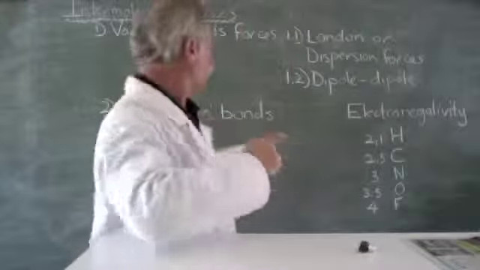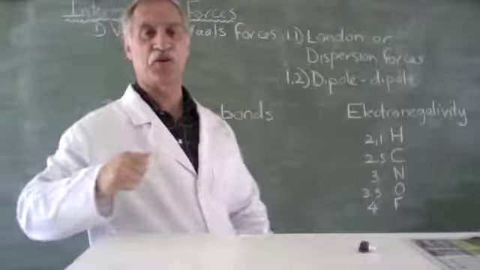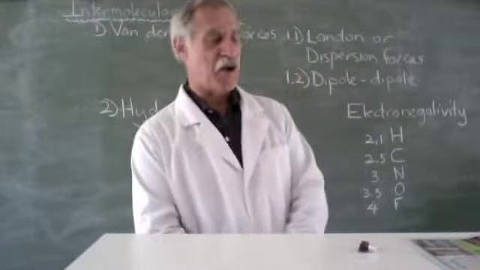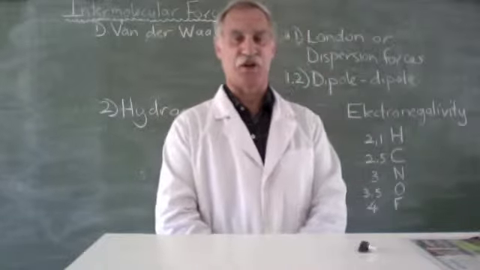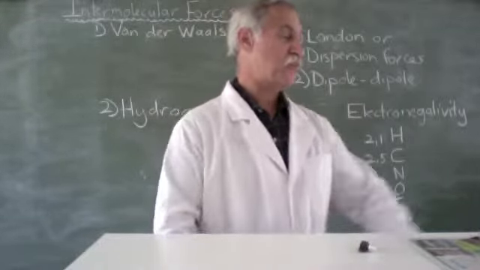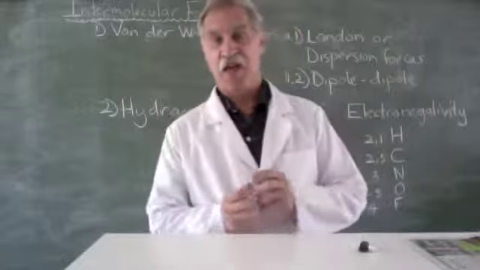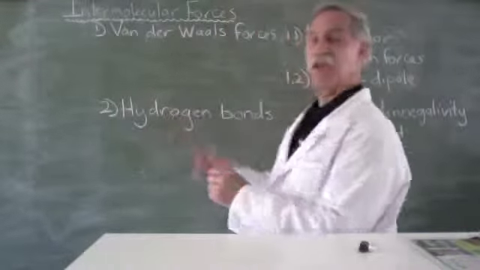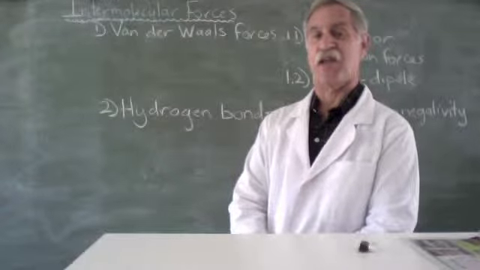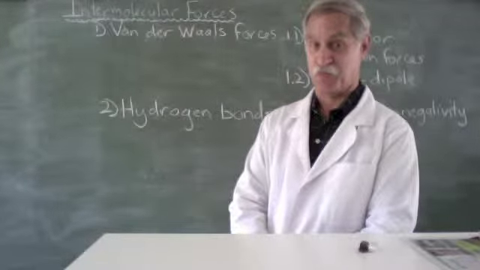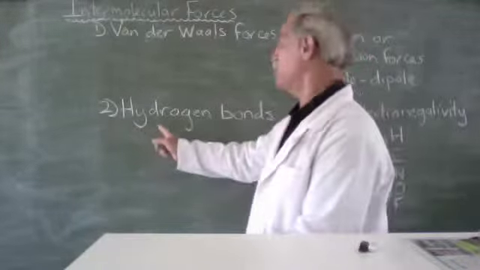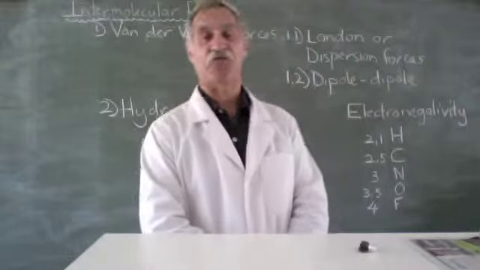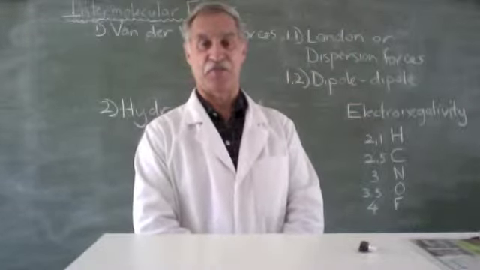And then last of all, we come to our hydrogen bonds. Now, how do we explain hydrogen bonding? Well, it is a fairly strong force. And it occurs, obviously, where what element is present? And that is where hydrogen is present. But it's got to be present with a very electronegative atom.